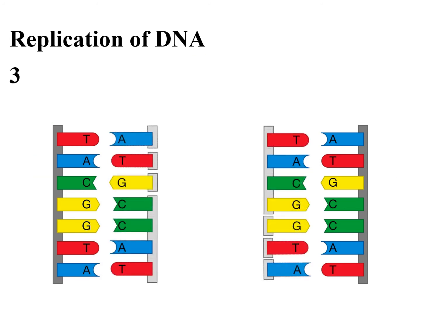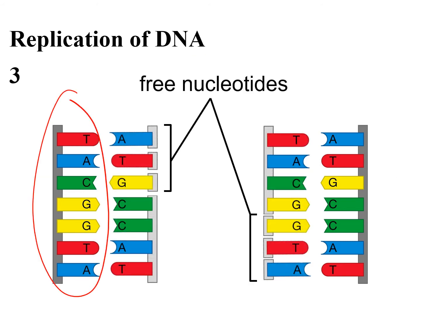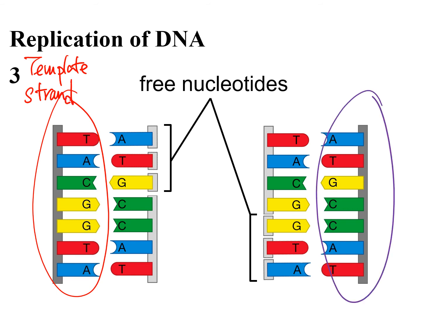So what you're seeing is that the template strand on the left, and also the template strand on the right, allows some new free nucleotides to stick on it. These are the free nucleotides. They stick on one by one.